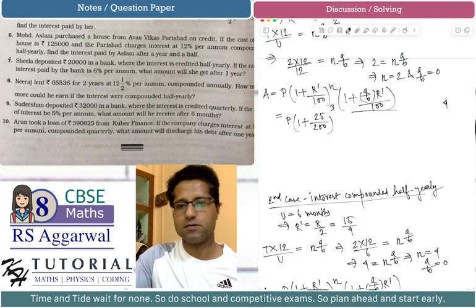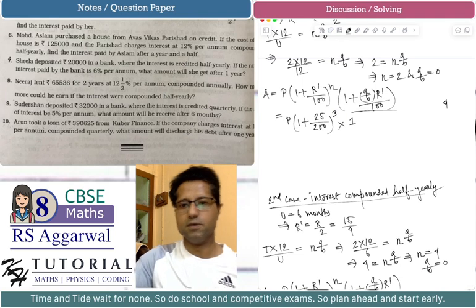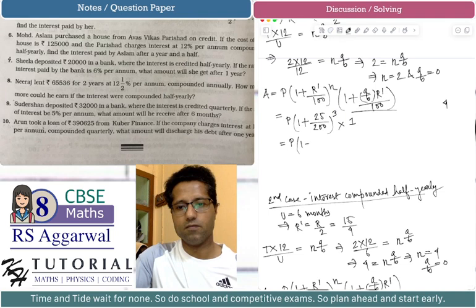And we have this cube, and the fraction A by B is equal to 0. This is equal to P multiplied by 1 plus 1 by 8, cubed. This is equal to P times 9 by 8 cubed.